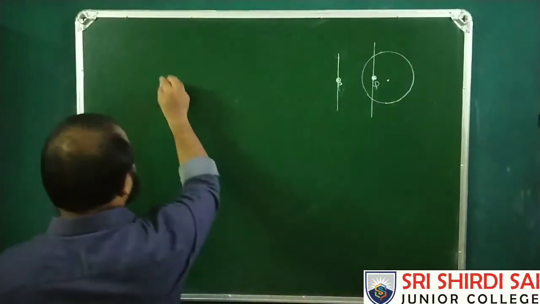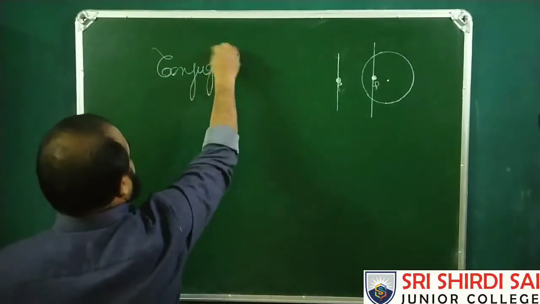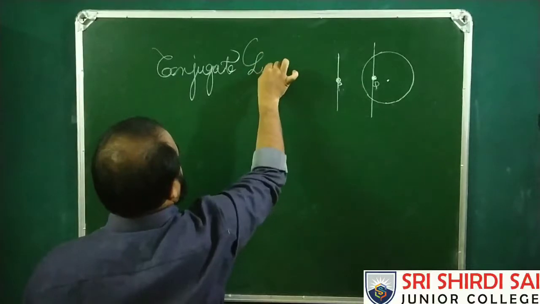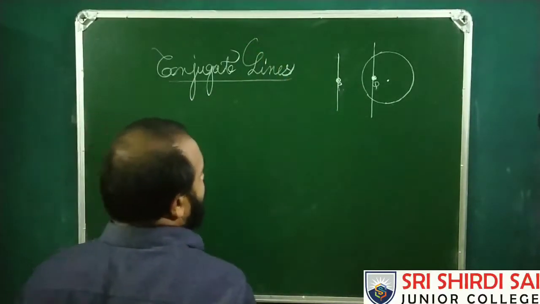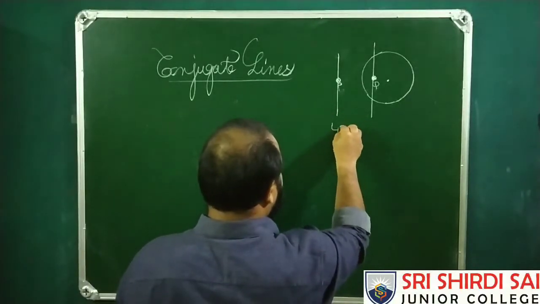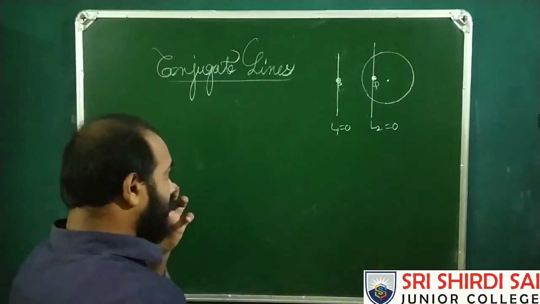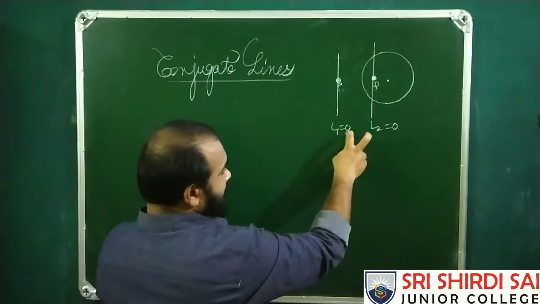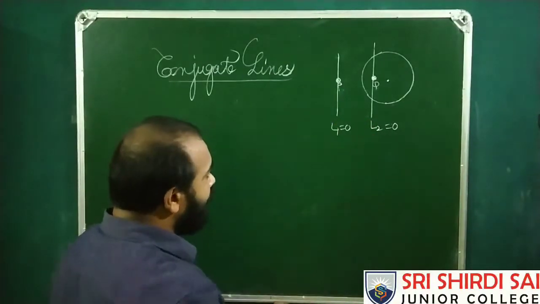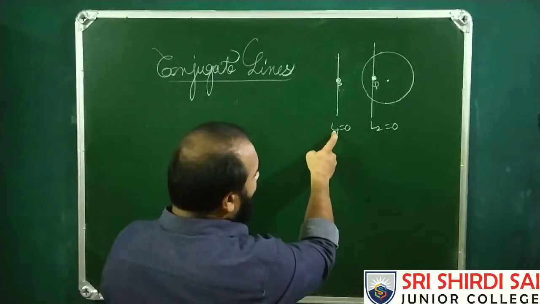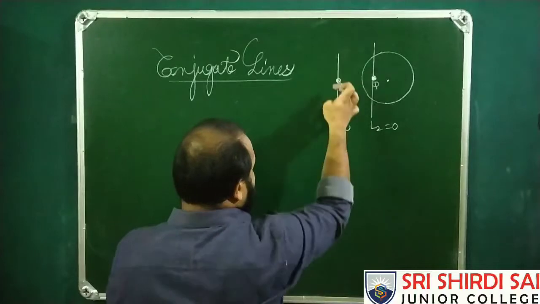And now conjugate lines. For example, this is L1 equals to 0 and this is L2 equals to 0. The lines L1 and L2 are said to be conjugate lines if the pole of this L1 equals to 0... So this is a line.